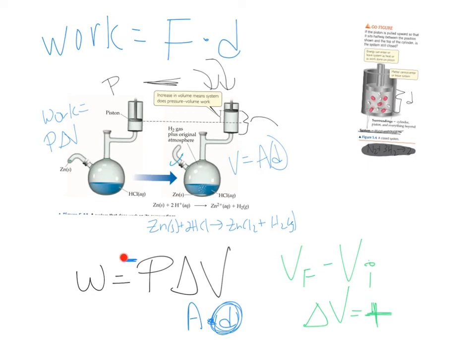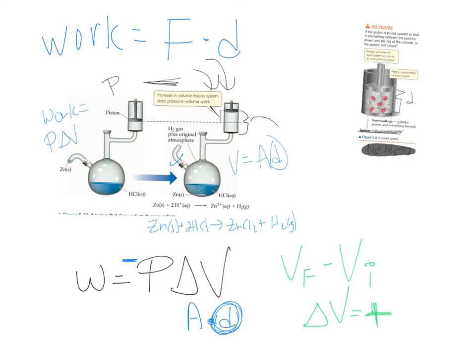It says minus means work's being done by the system, and that's what happened here. We made a gas, the gas did work, so the system did work, it pushed the piston up, and the way that'll play out is that the sign on our work will end up being negative, because work is the negative of pressure times delta volume.